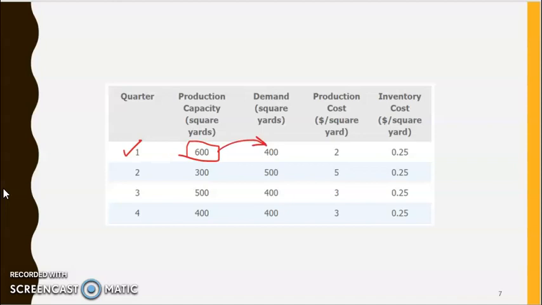So from the start point, you manufacture 400 square yards of carpet, but also you consider that 200 extra and you send them to the next quarter. So the demand part of these can also be defined as a transshipment point. I'm just giving you these as hints.